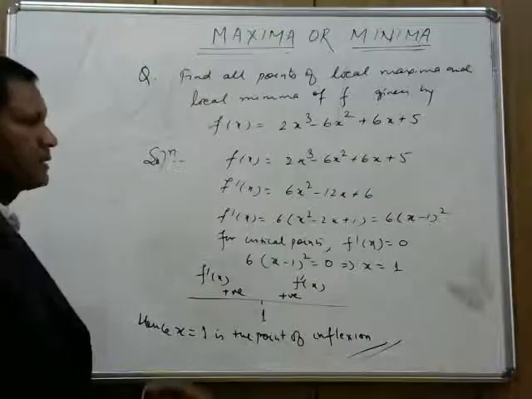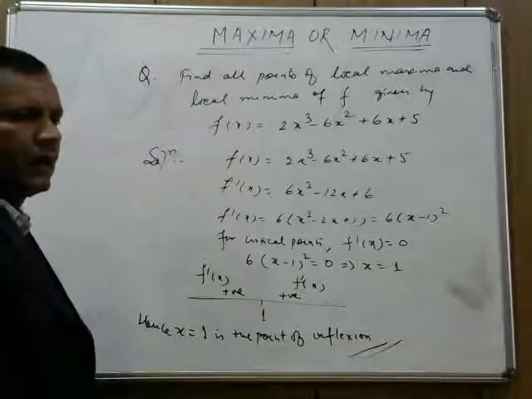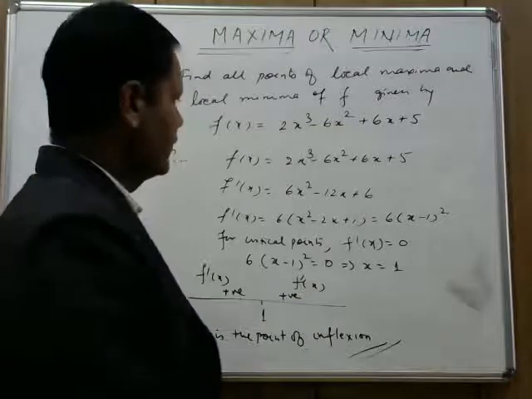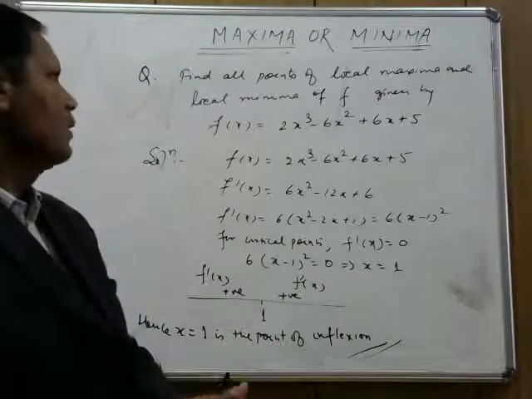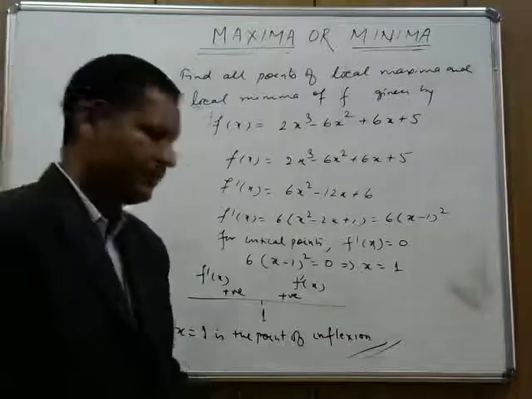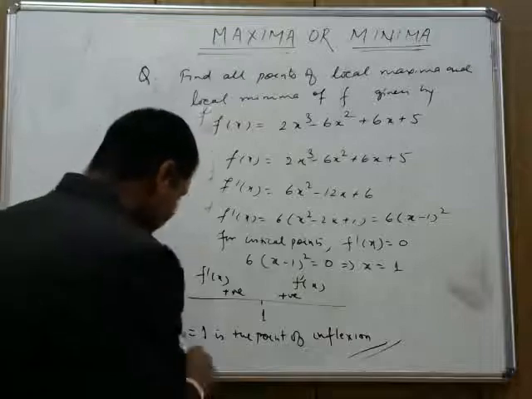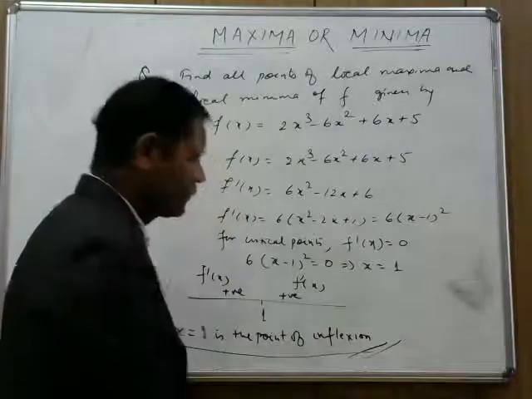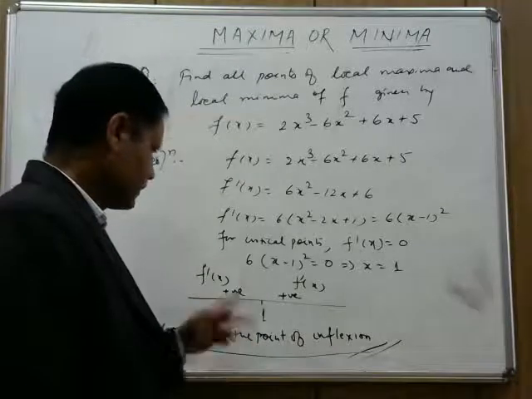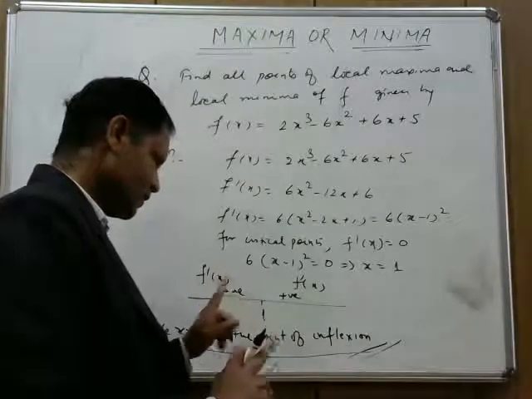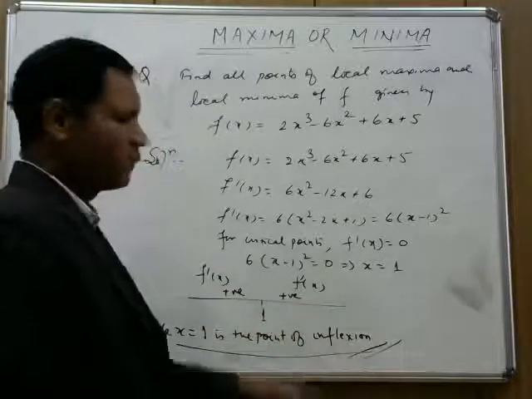So now I have discussed, for any given function y is equal to f of x, how to find out its maximum value and minimum value, or point of local maxima or point of local minima. And exceptionally, here x is equal to 1 is the point of inflection. The sign of f dash of x does not change from positive to negative or negative to positive, it remains as it is. That's why it is called point of inflection.